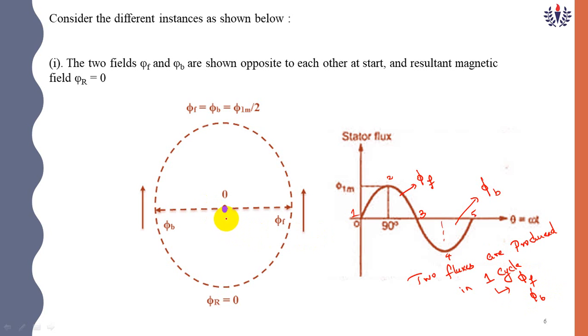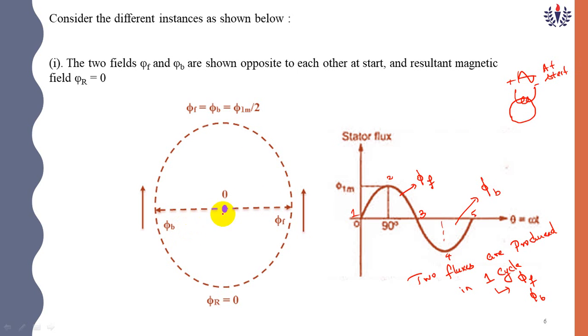Now these 2 fluxes will be opposite to each other. This is a motor, these are the windings, and you are giving the AC supply. Once you give the AC supply, at the starting stage, the 2 fluxes are produced.